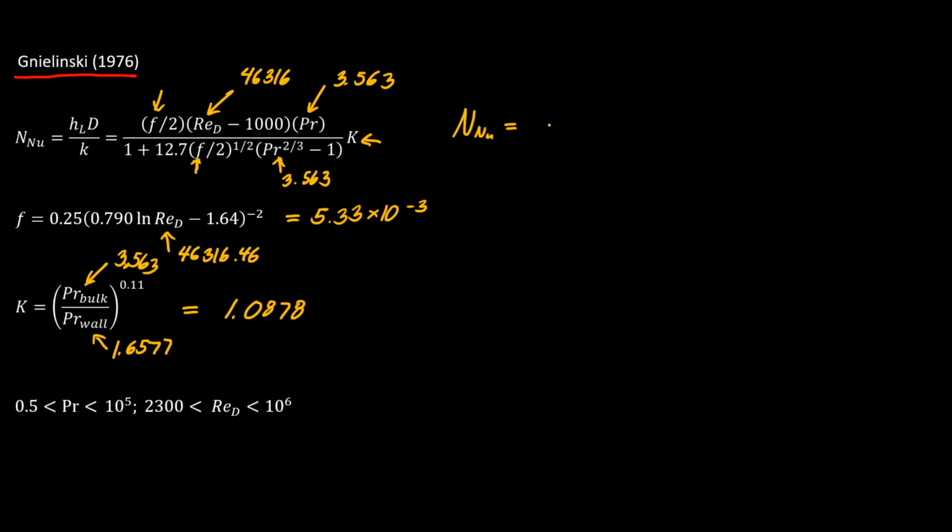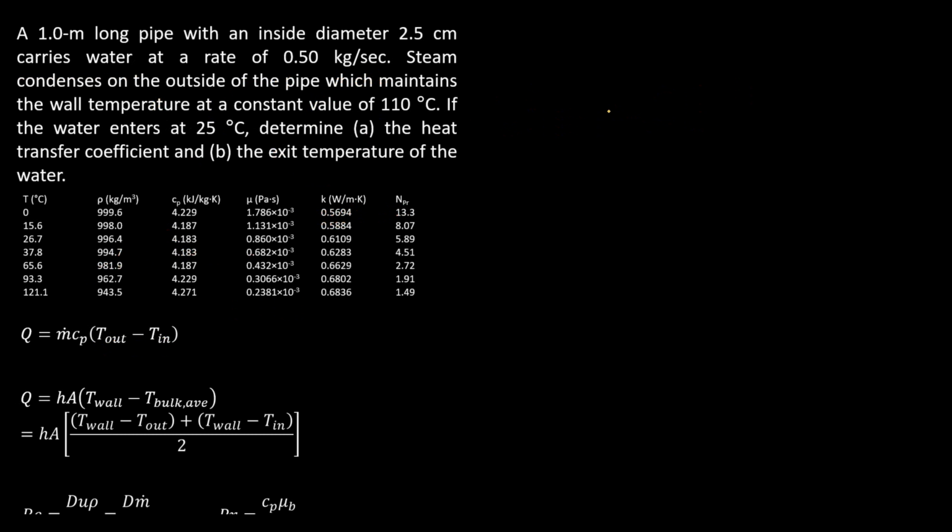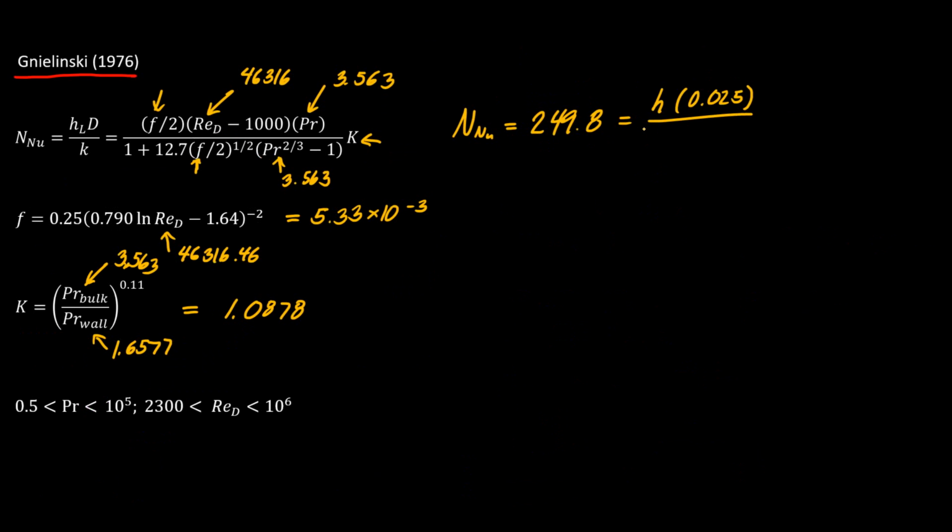Alright, so the Nusselt number is, yep, and then we still don't know the H. Diameter is 2.5 cm, and the value of K. Now what is H? That is the value of H that we are now going to be using.